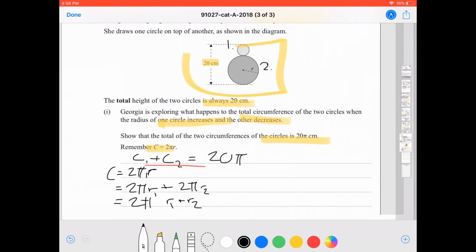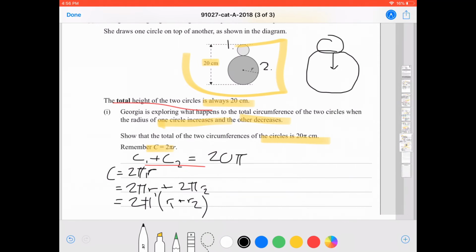Okay, that's in brackets, and we know, looking back at the question, the total height of the 2 circles is always 20 centimeters. Okay, but if we draw this again, this is where it just takes a little bit of knowledge and a little bit of play with the 2 radiuses.